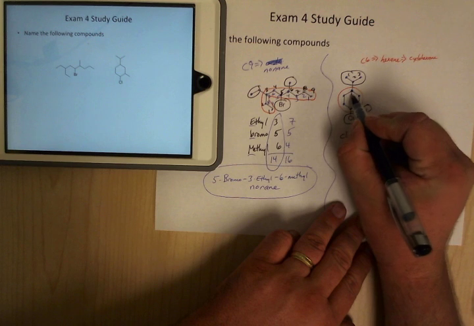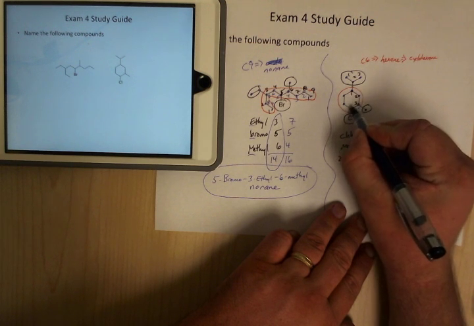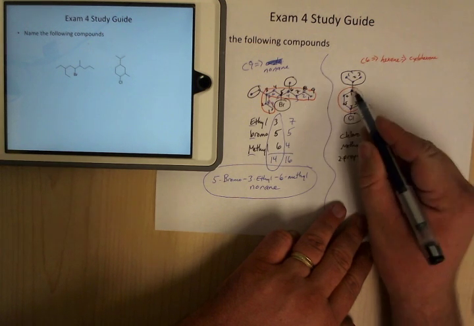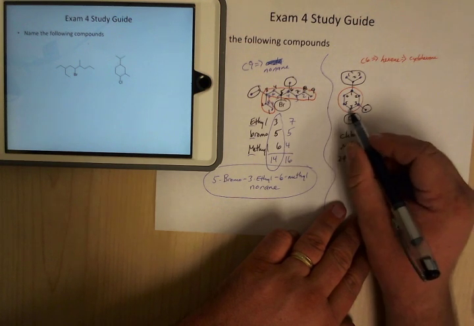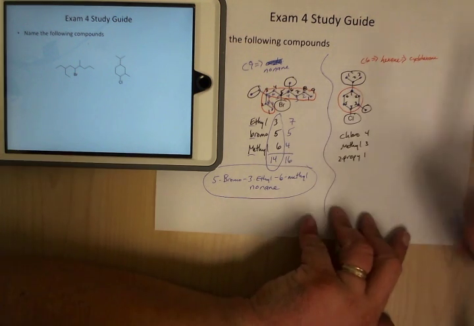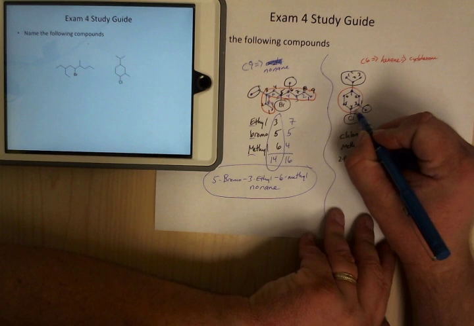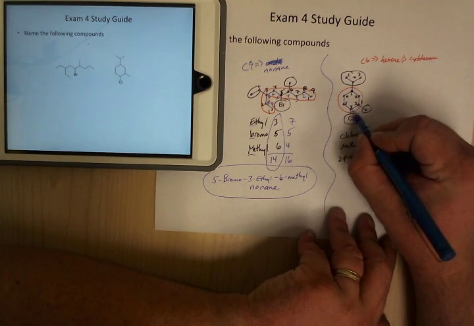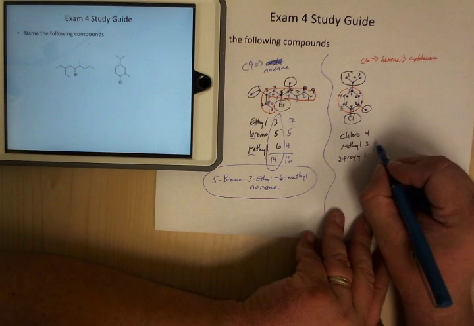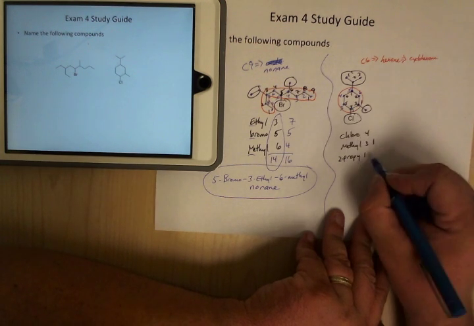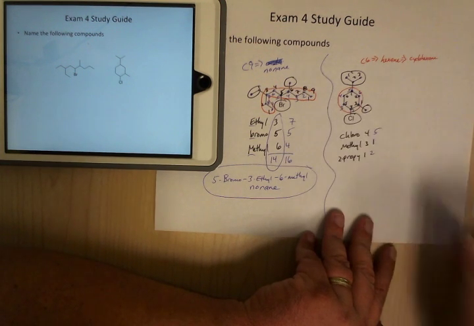If this is 1, it's 1, 2, 3, 4, 5, 6, so the propyl is 1, 2, 3, and then that becomes 4. Now if we set this at 1, remember we go towards our nearest neighbor, 1, 2, 3, 4, 5, 6, so this becomes 1, 2, 5.